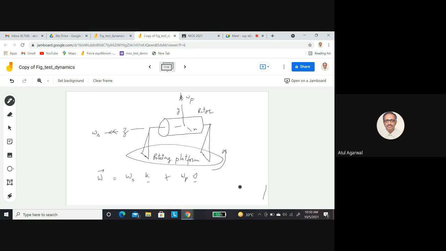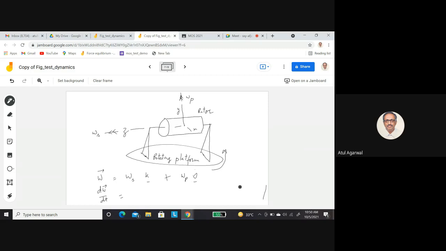Now, what is this d omega by dt? You see this coordinate system x, y, z is rotating about the y axis because of this rotation of the platform.